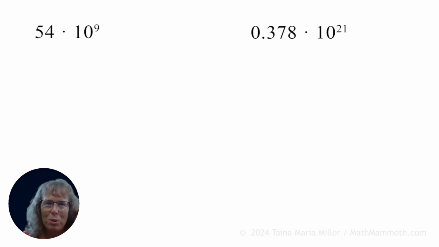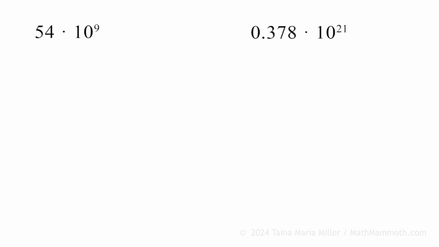Here we have 2 numbers that are written incorrectly in scientific notation. So why is that? The first one has 54 as the multiplier, but it should be a number between 1 and 10. And the other one has the same problem. It's less than 1. We have to fix this. So how does this go? 54 becomes 5.4.